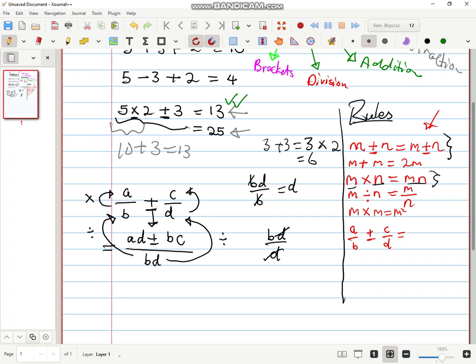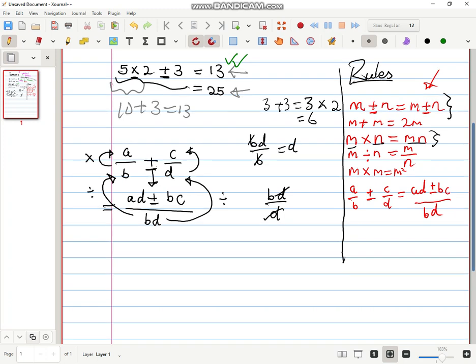You're going to have ad plus or minus bc all over bd, right? So let's test this with actual numbers and see, if we say 3 all over 5 plus 2 all over 6.